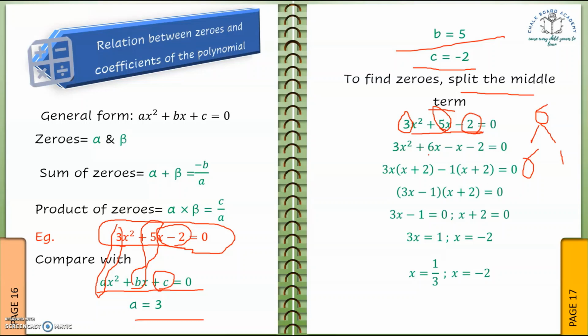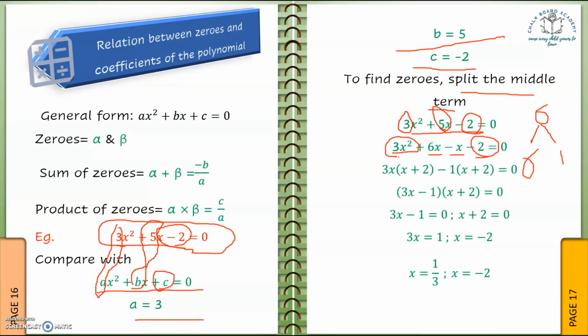So when I have done it here as 6 and 1, we get 3x square plus 6x minus x. So the answer would be 5x, and the multiplication of 6x into 1x is equal to 3 into minus 2, that is 6x square, minus 6x square. So this is the split of the middle term.